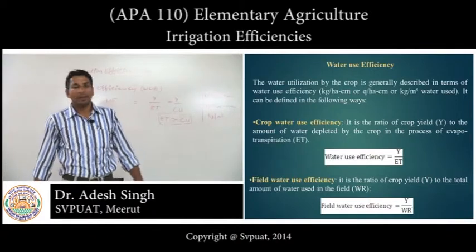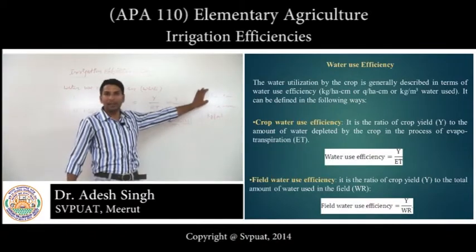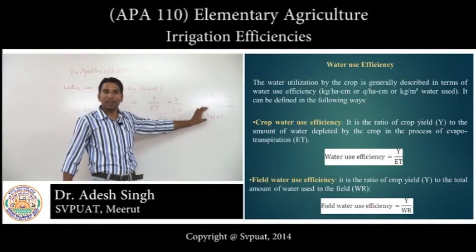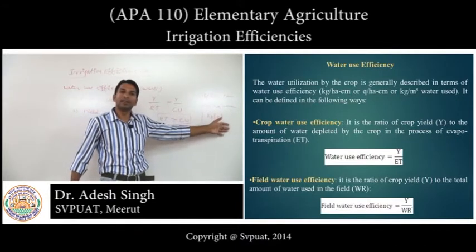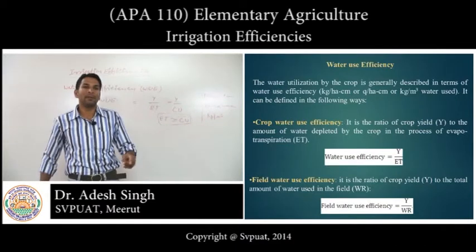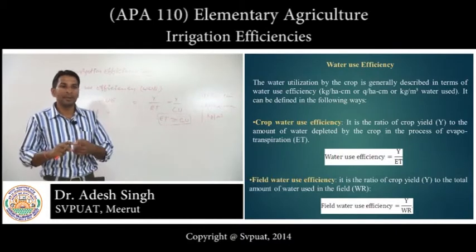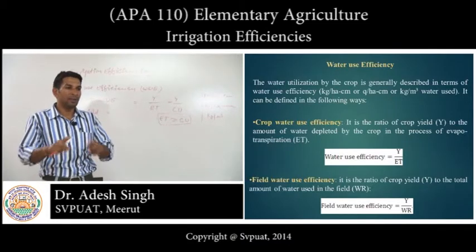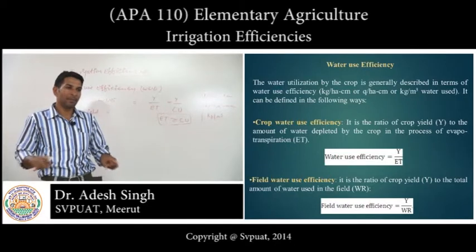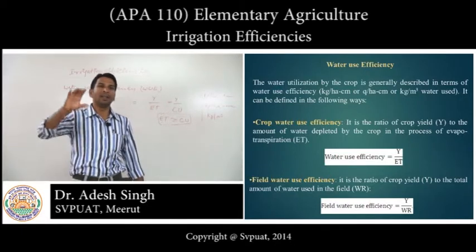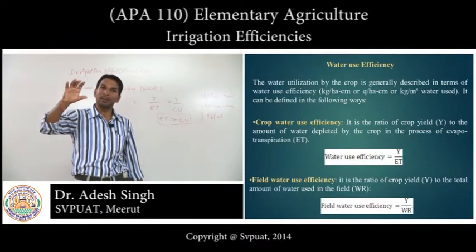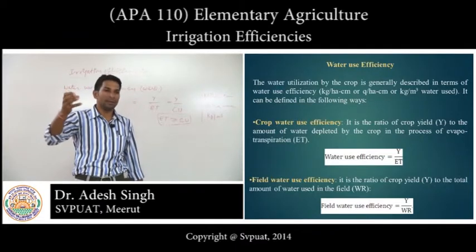Means what is the yield and what is the total water used. Suppose 10 centimeter water is applied through the surface irrigation method, this actually means 10 hectare centimeter. Means 1 hectare area is ponded up to what depth? This is known simply as centimeters.